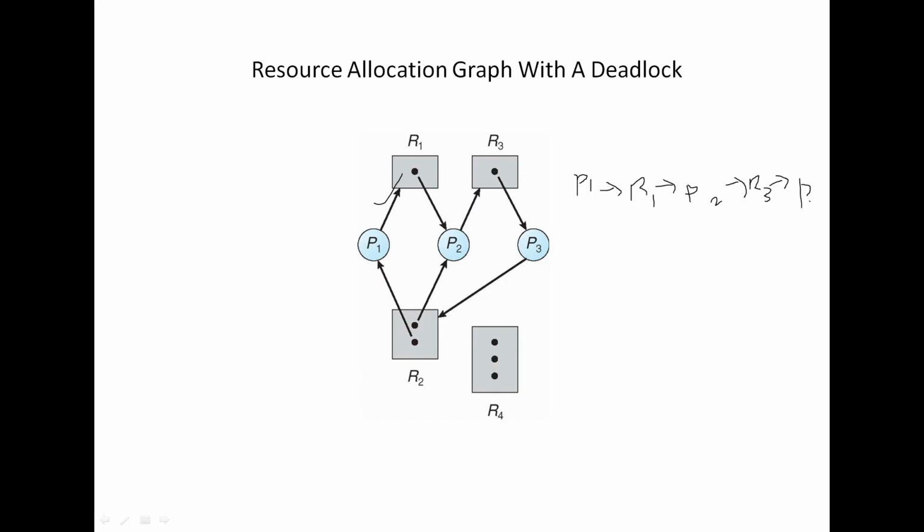Again, P3 is requesting R2, but R2 is allocated to P1. Now we have a cycle. So when the resource allocation graph contains a cycle, it is called a deadlock.